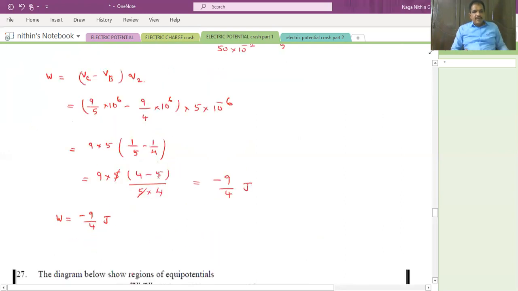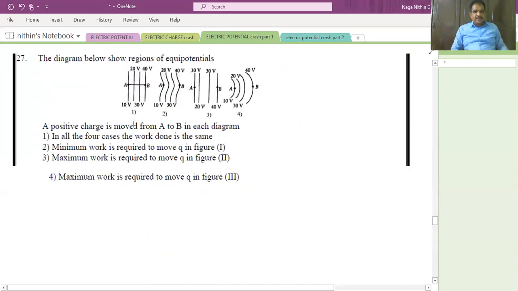Okay. Next, 27. Here, equipotential surfaces are there. Here they are straight. Here a little bit curved. Here spacing is more. Here they are curved like this. A charge is moved from A to B, here, here, and here.